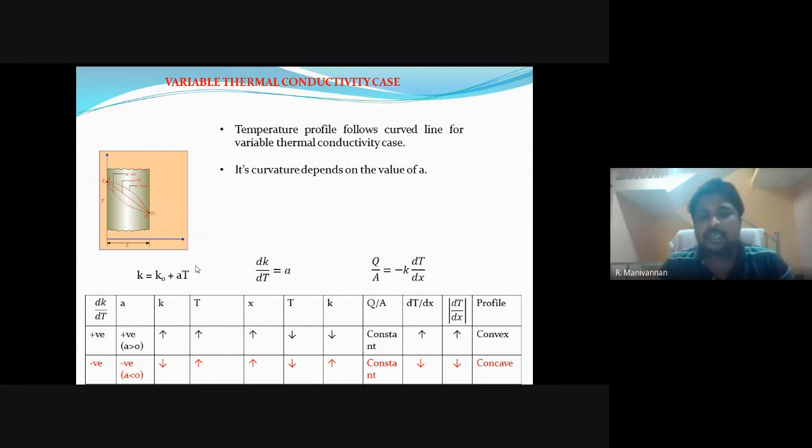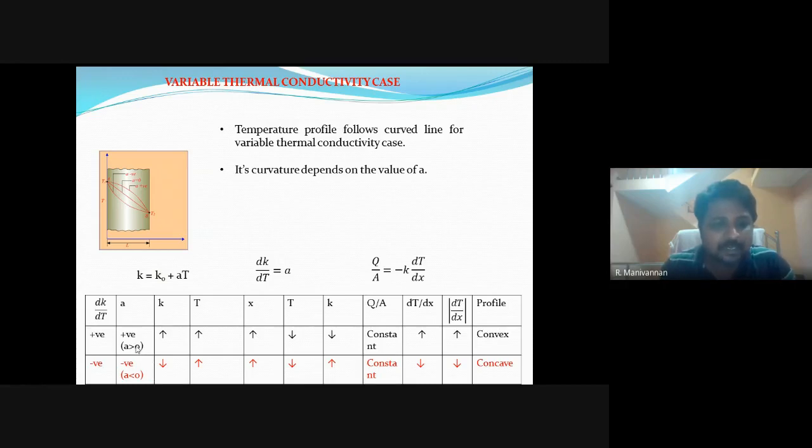That means if you consider such a material, the temperature profile will be a curved line, and it depends on the value of this A, whether it is positive or negative. If A is greater than 0, which means it is a positive value, then we will have the profile as a convex shape.